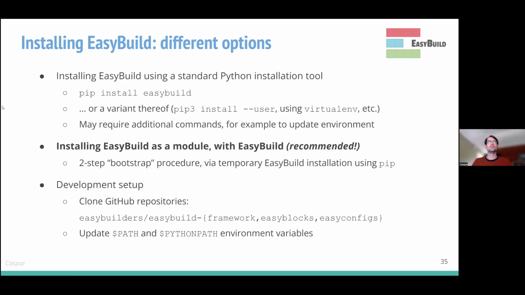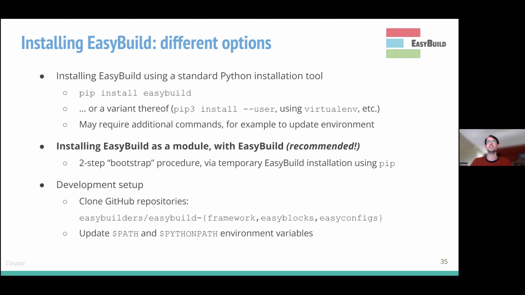So there's different options to install EasyBuild. The first and simplest is probably just to get it from PyPI. So you just do a pip install EasyBuild in your virtual environment or with a --user or whatever your preferred approach is. Another way, and that's actually the recommended way, is to install EasyBuild as a module itself. But for that, you first need to have EasyBuild. So it's kind of a bootstrap procedure. So typically you would do the pip install first to get a PyPI version.